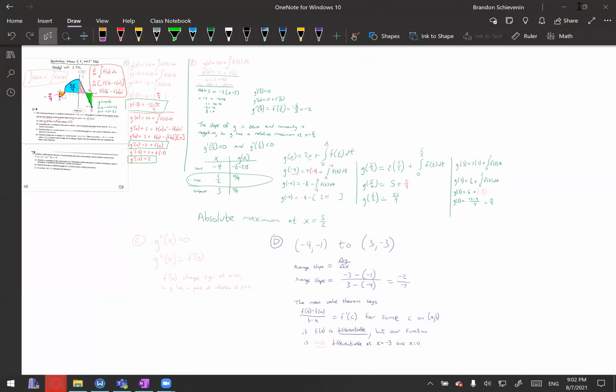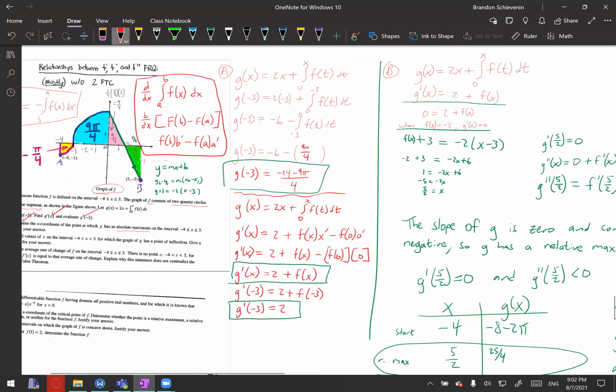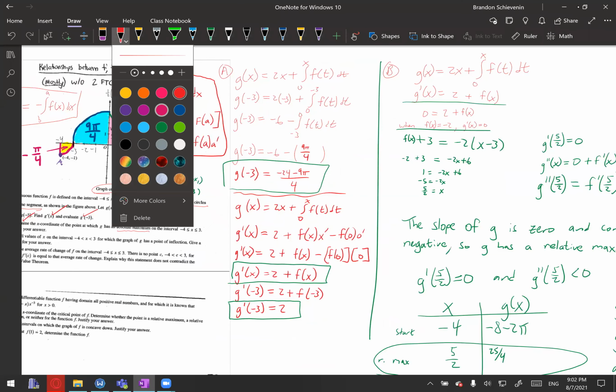Okay, -6 minus 9 pi fourths is g at -3, so that's point 1. Point 2, g prime would be the derivative of what they gave us. So the derivative of 2x is 2.